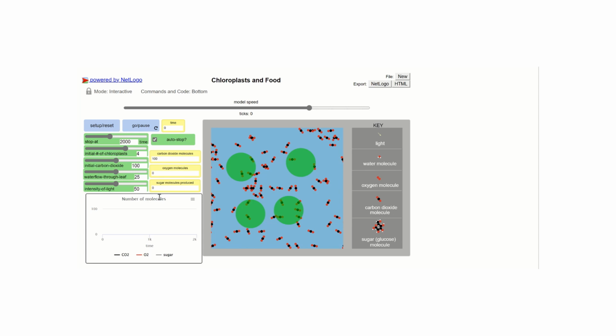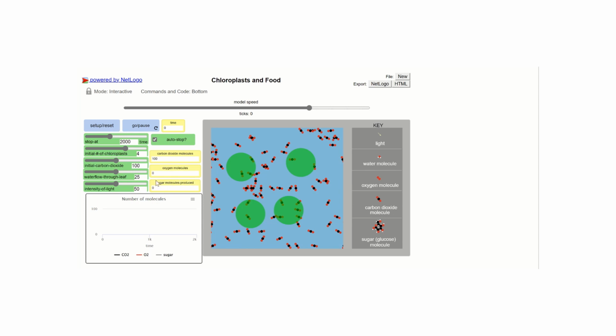Now we're going to be measuring how much oxygen we make, and how much sugar we make. Just think about it. That's what photosynthesis is about: making sugar and oxygen.